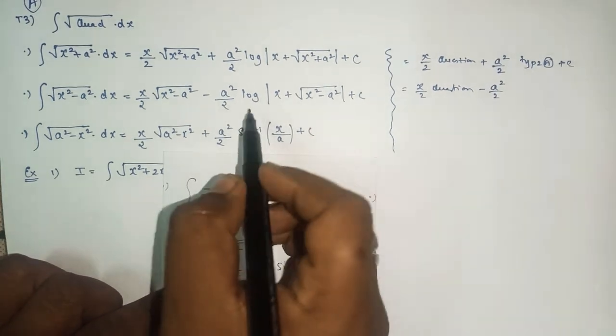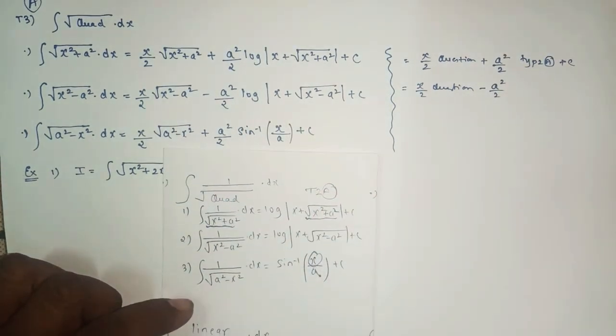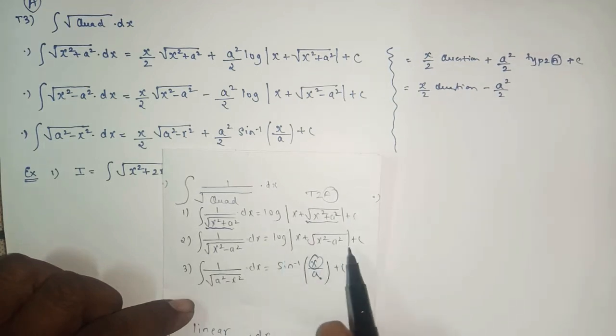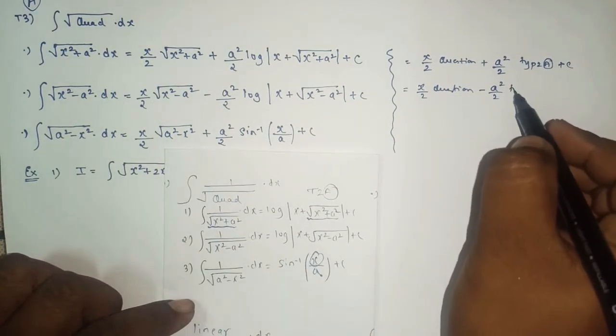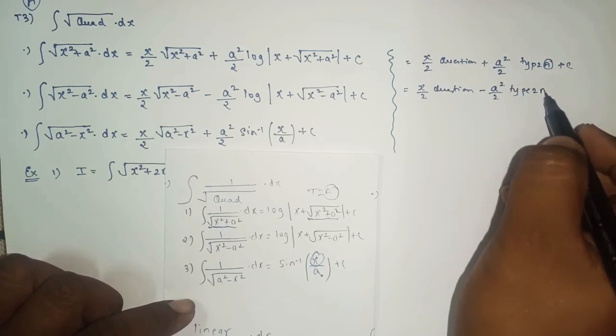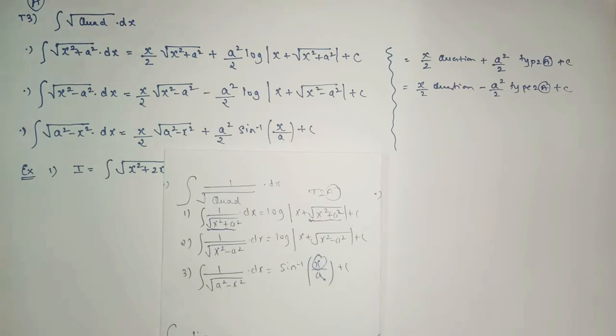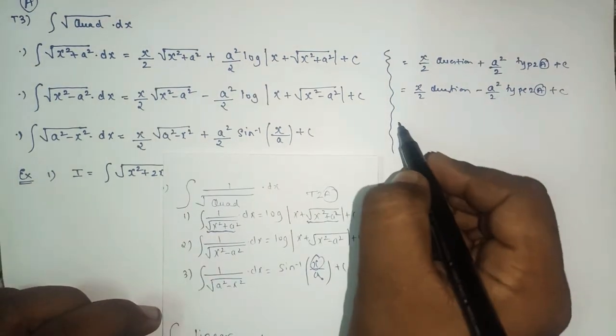Then this section looks like the type number 2a formula only. So here I will write again the type number 2a formula, yes or no? To remember the type number 3 formula, you must know the type number 2a formulas. Then only it will be easy to remember the formulas of type number 3a. Okay, now we'll see the next one.